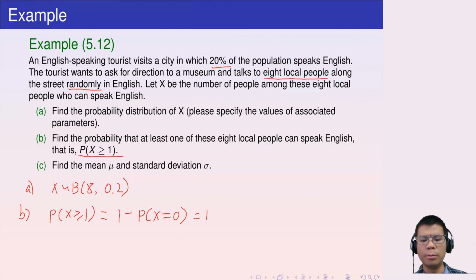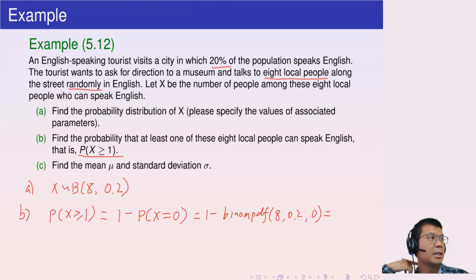So it equals 1 minus P of 0, and as we know, you can use the formula binompdf, with 8, 0.2 and 0. Plug in all the values, and you should find this is 0.832.